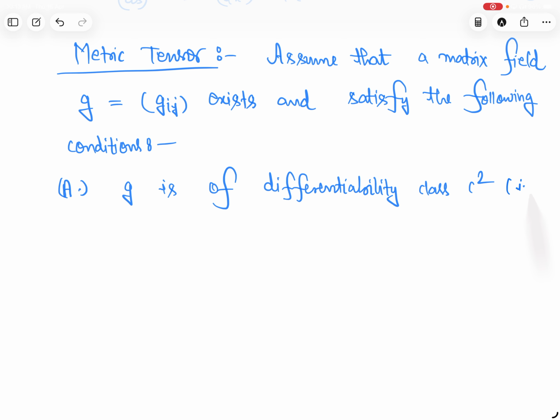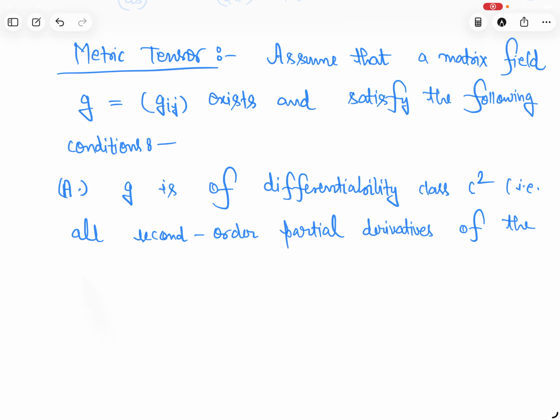I am writing in brackets: all second order partial derivatives of the Gij, each Gij exists and are continuous.